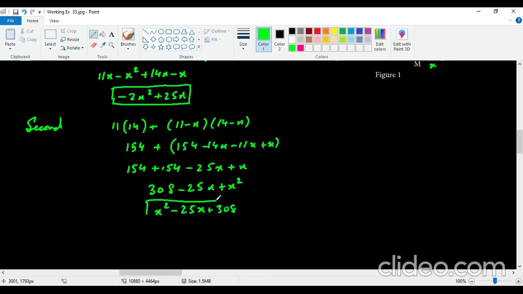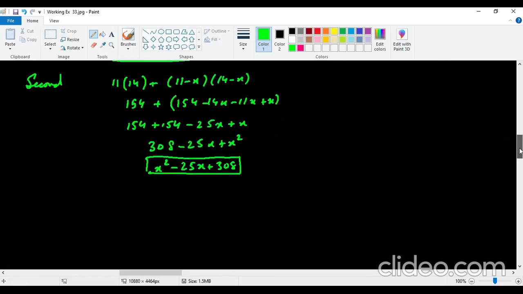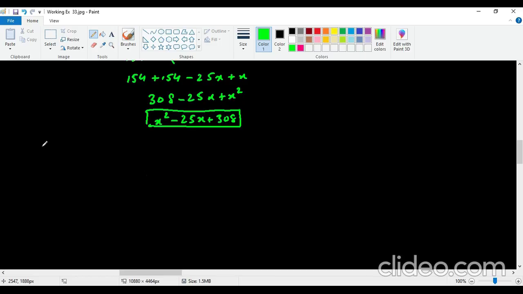This is the equation that we have got. Now we find the area. To get the area, we know very well that this is going to be 25x minus 2x square when subtracted from x square minus 25x plus 308.